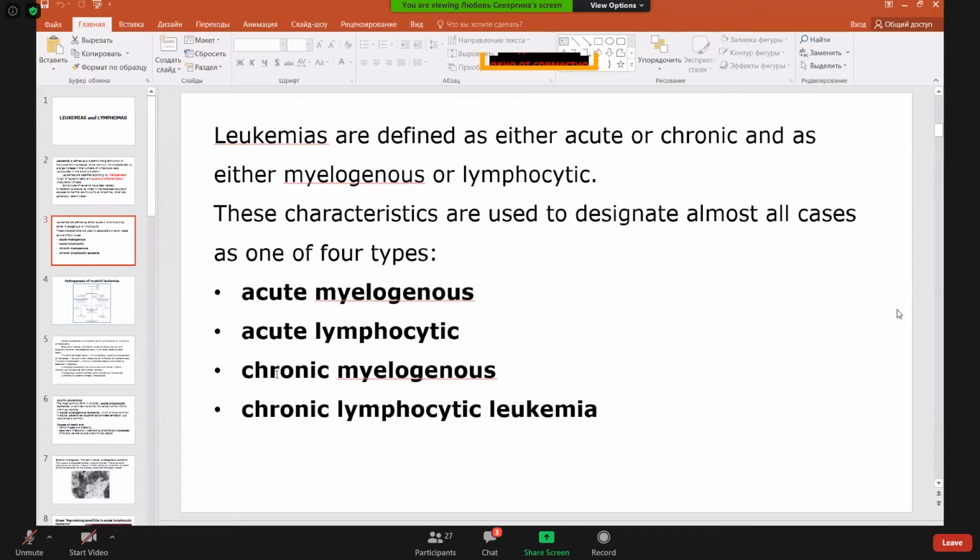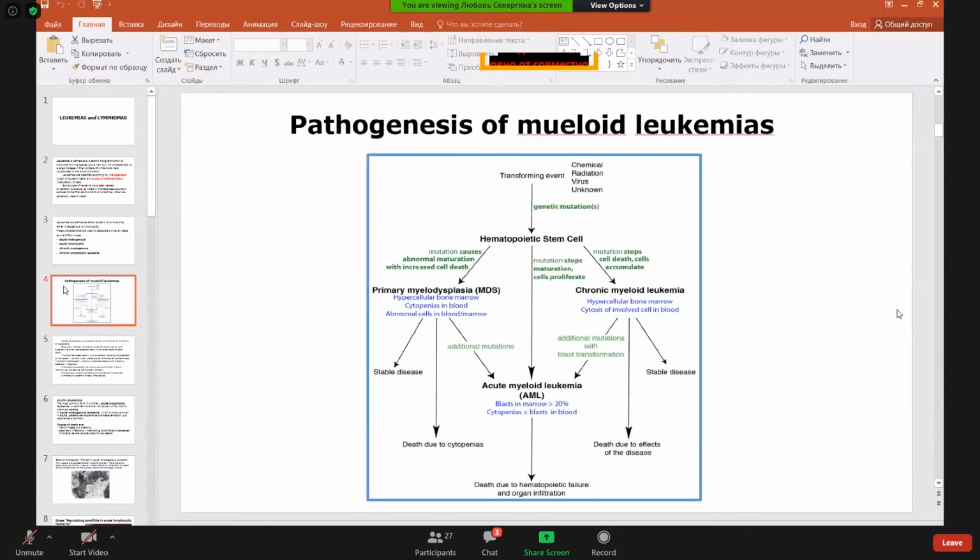In the second part of the lecture, we will focus on the changes in organs and on the symptoms of these diseases. So, pathogenesis of myeloid leukemia. This is an example of the disturbances in bone marrow and changes of hematopoietic cells. Different factors, chemical factors, radiation or physical factors, some viruses, for example, Epstein-Barr virus.